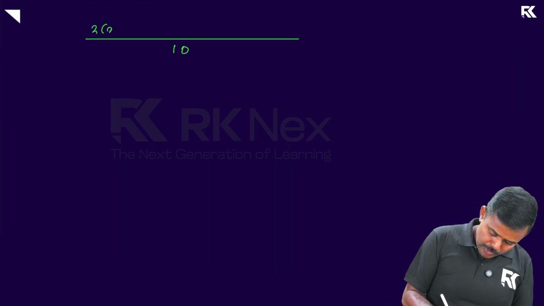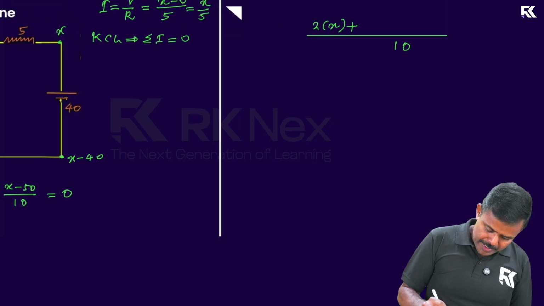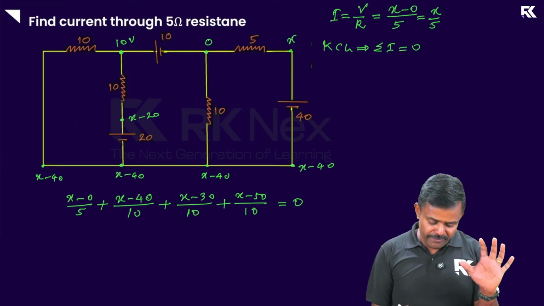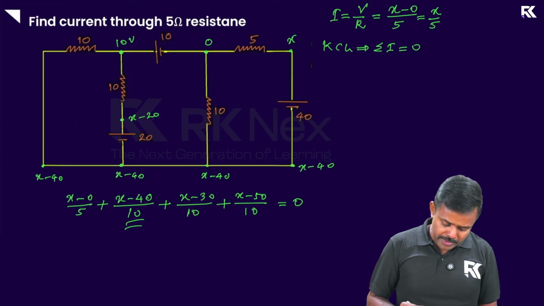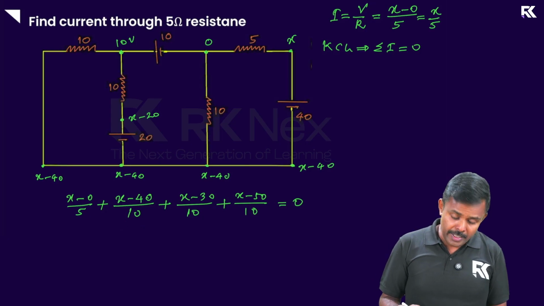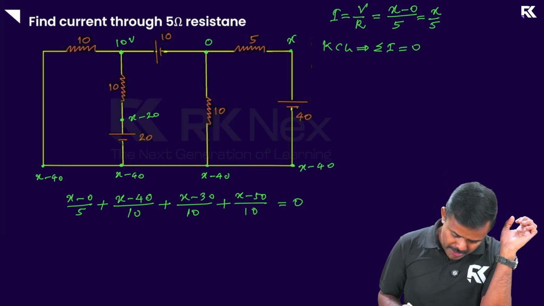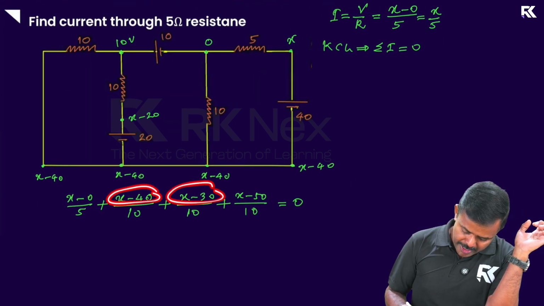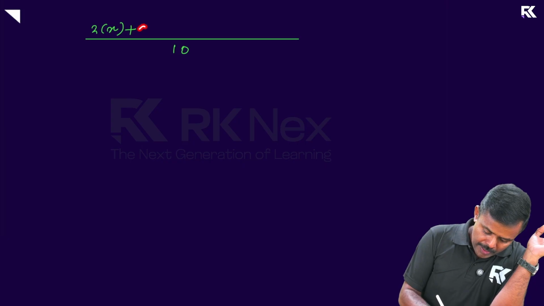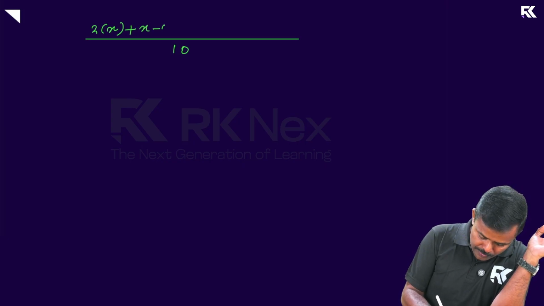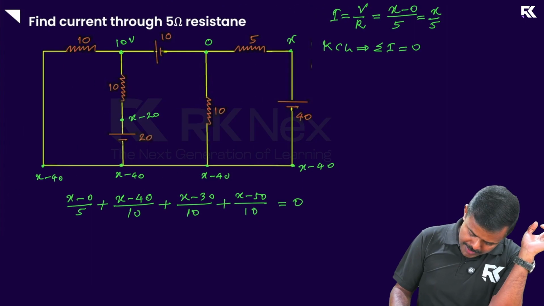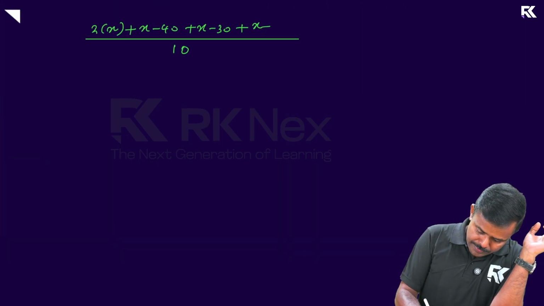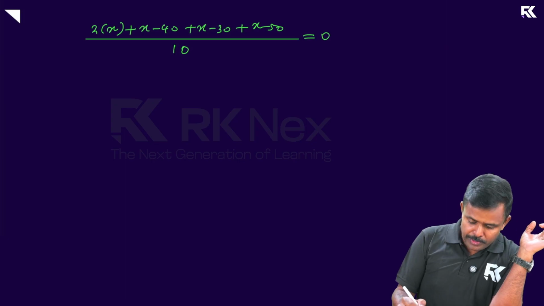All of the terms have 10 on the denominator, so I can write the numerators as such: x minus 40, x minus 30, x minus 50. 2x plus x minus 40 plus x minus 30 plus x minus 50 should be equal to 0.